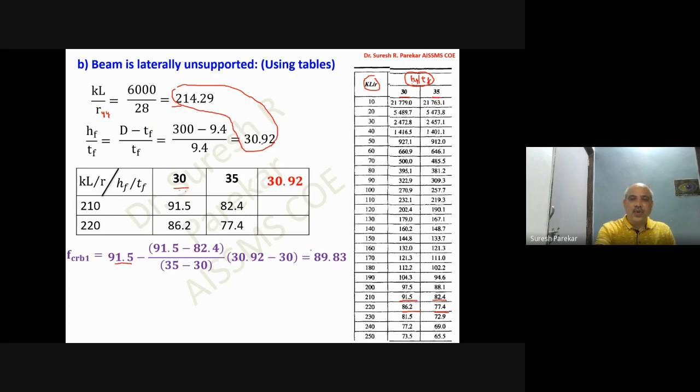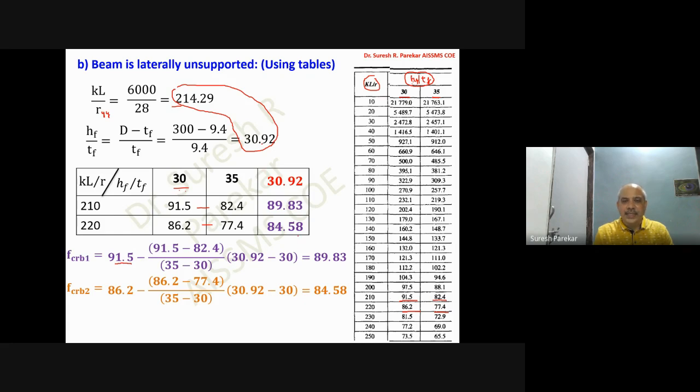So this is for 210. Similarly, we can find for 220, and that value we get for 220 is 84.58. So we have this value 84.58. You have to keep in mind that this value should be between these two, and this value should be between these two.